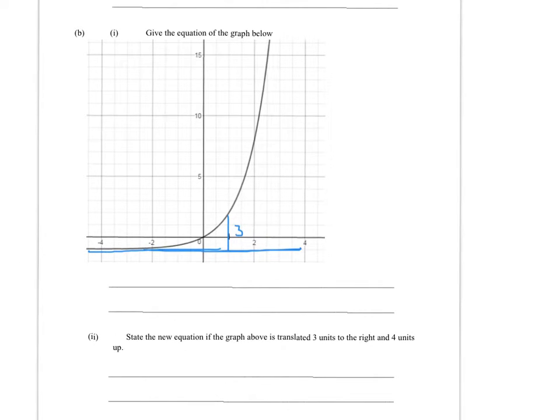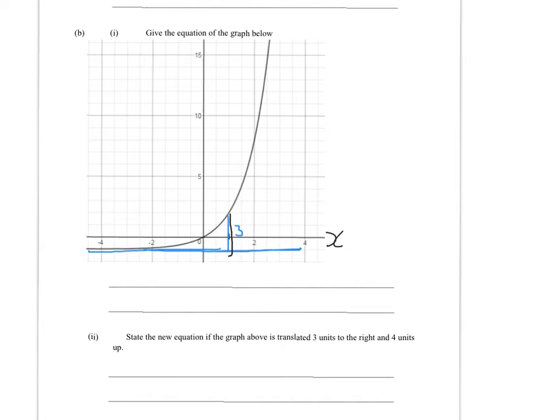The next question is an exponential graph, and we're asked to give the equation of the graph. Now when these graphs have been translated, it means that it's been moved down. So I need to look when x equals 1, and see how far it goes down to the asymptote that runs along the bottom.